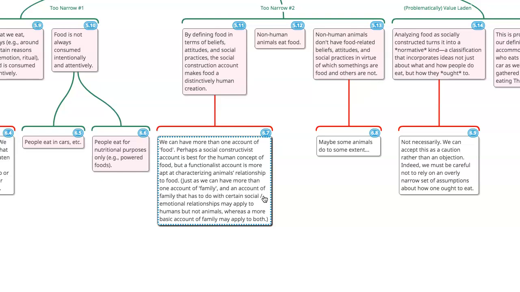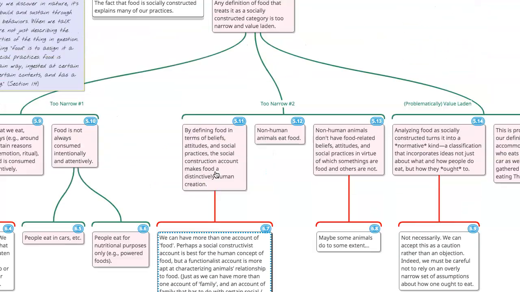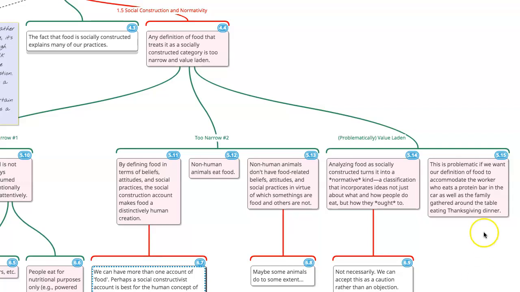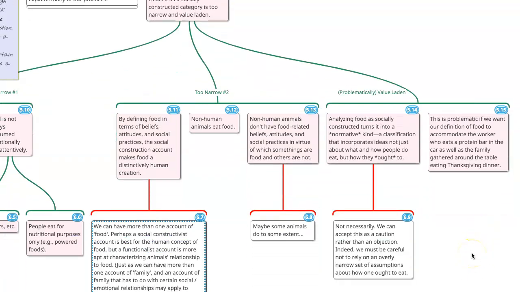So if we're just talking genealogical relationships, humans and animals both have families. If we mean something slightly more than that, maybe they still both have families, but there are certainly ways that humans can form and conceive of families that apply to humans and not animals, in virtue of our distinctive capacities for certain emotions and relationships and roles. Okay, so we've done away with this objection, or at least responded to it in a meaningful way.